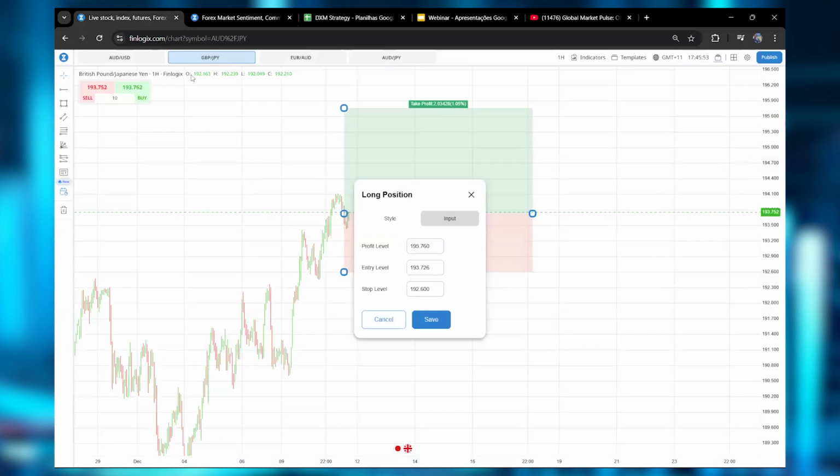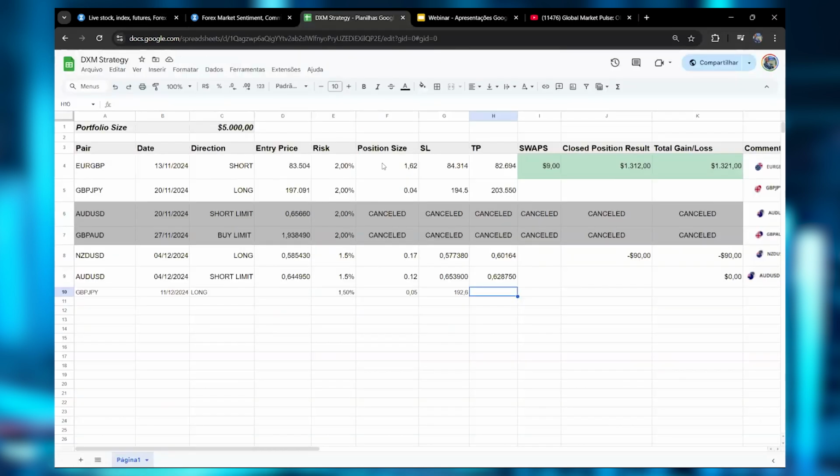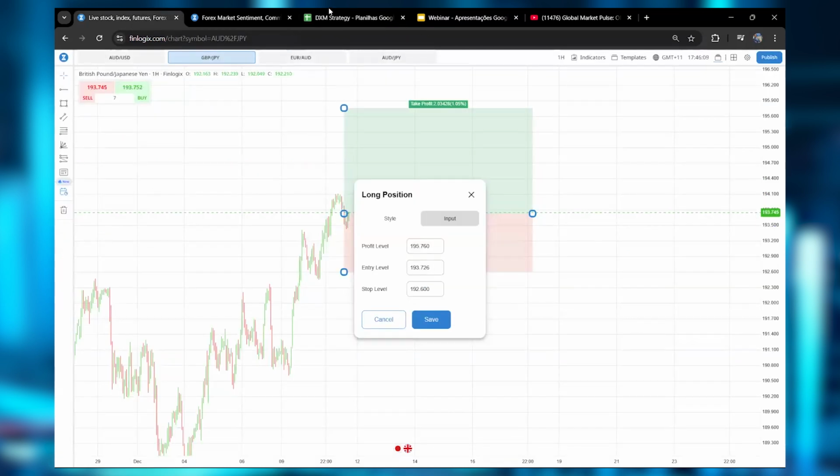For take profit it's 195.760. Swaps and so on come later. All right, the entry price is 193.726.